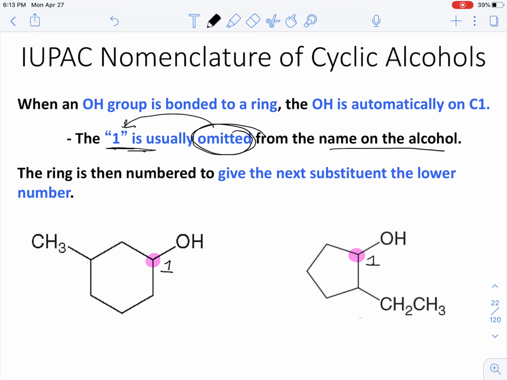Once again, the point of difference is the fact that these structures are cyclic. Once you've made alcohol your priority in your numbering system for a cyclic compound, whatever carbon that alcohol is attached to will always be carbon number one.